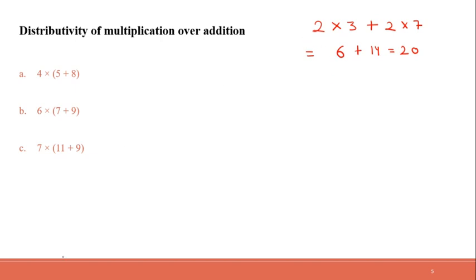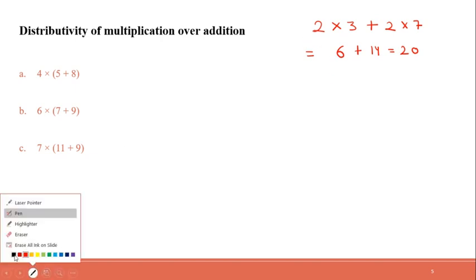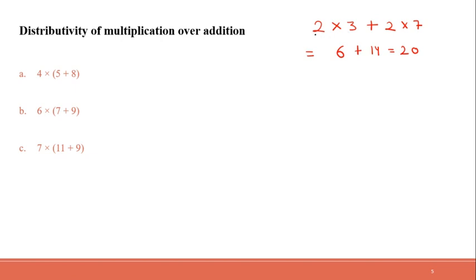But notice this thing. Let me change the pen's color. The 2 is here and 2 is here again. So the 2 is common in both the multiplications, right? So another way of doing this is that if I write it here like this, 2 bracket 3 plus 7, that means this 2 is multiplied by 3 and then this 2 is multiplied with 7 again, right?